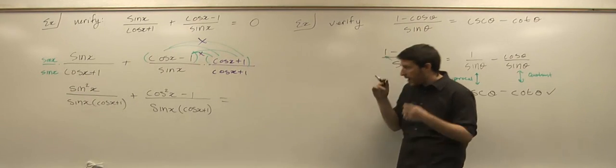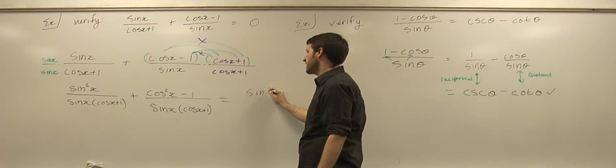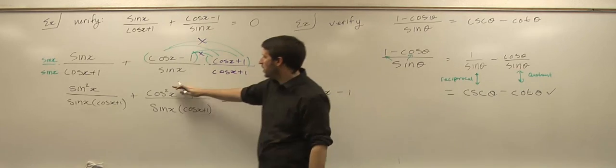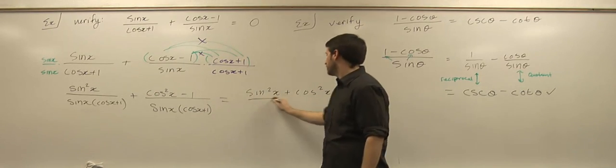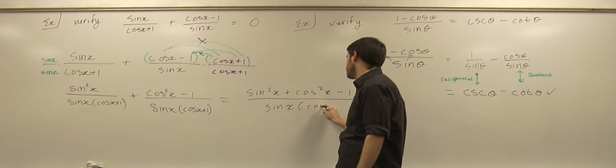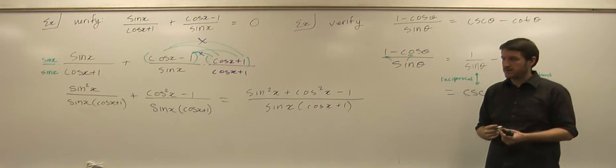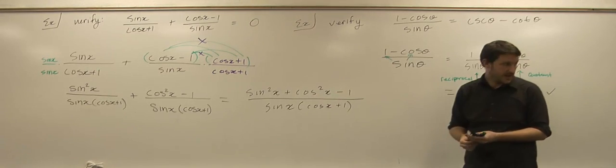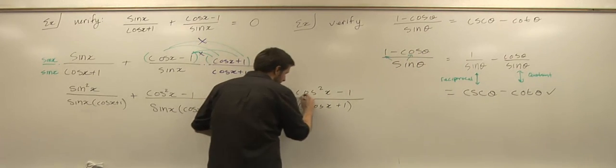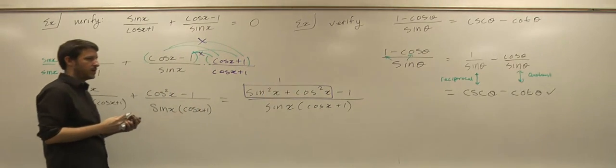So now I have the same denominator, which means I can push them together. Sine squared x plus cos squared x minus 1, right? I just wrote all these on the top. Over, who cares? It's not going to matter. Because what's happening on top here? Pythagorean identity, sine squared plus cosine squared. If you remember nothing else, you should know that that's 1.